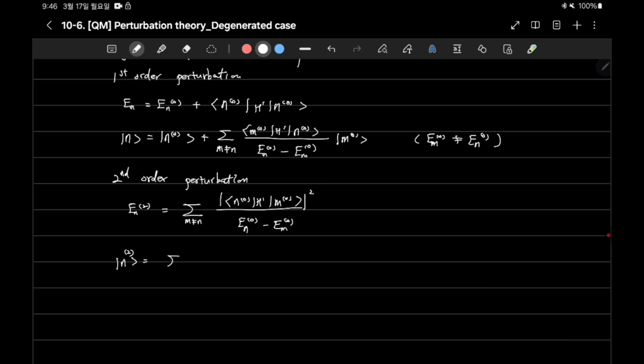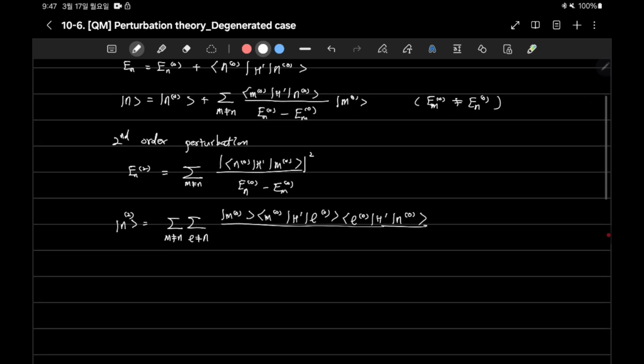Then in this case, there is the summation over m but different from n, and the summation over l but different from n, where the state is m0, H prime, l0, and l0, H prime, n0, over En0 minus Em0, En0 minus El0.